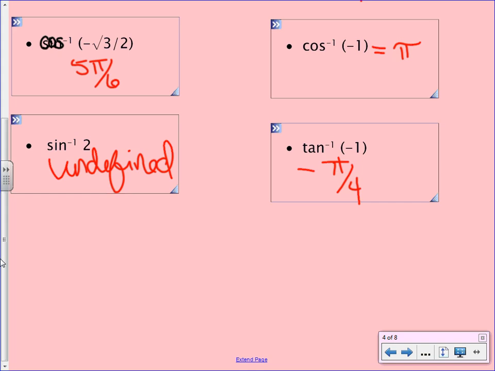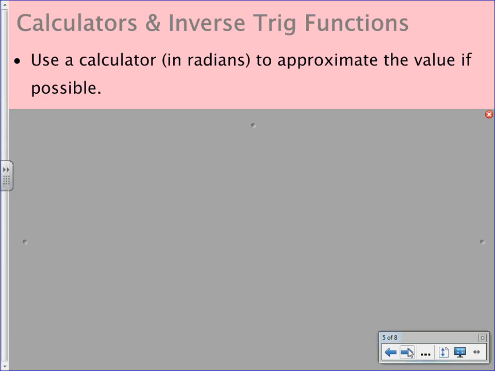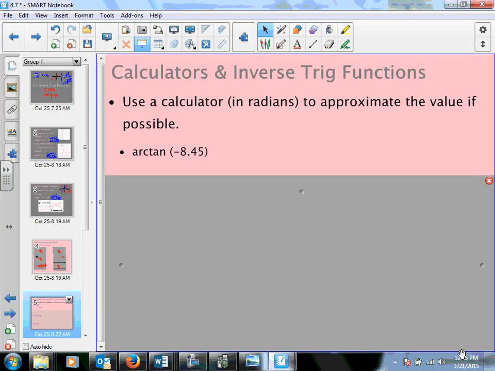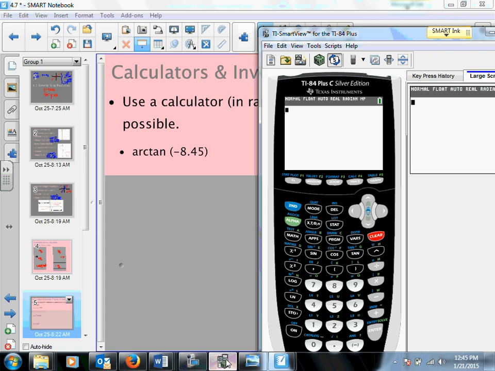Get out your calculator. Make sure you are in radian mode. Okay, you are in radian mode. I ask you for the arc tangent of negative 8.45.